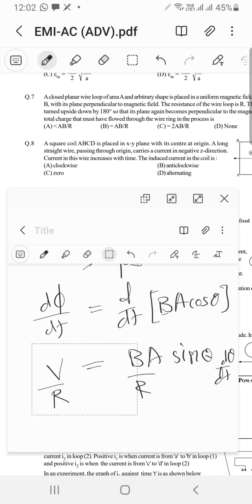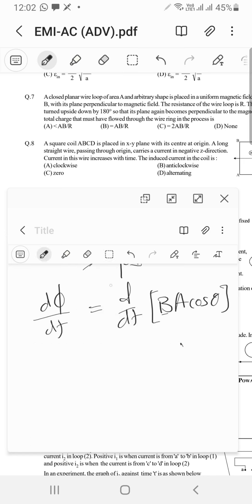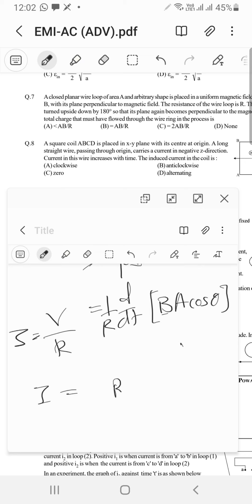Hey, if we're going to do that, why don't we just directly do this thing, that this is the voltage or emf, and that's the current. And now we can just integrate this with respect to time. R stays a constant, so I equals b a upon r cosine theta, and goes from what to what, from 0 to 180 degrees.